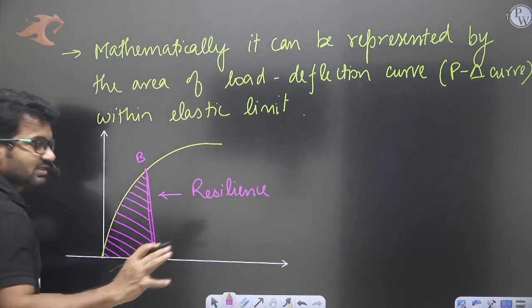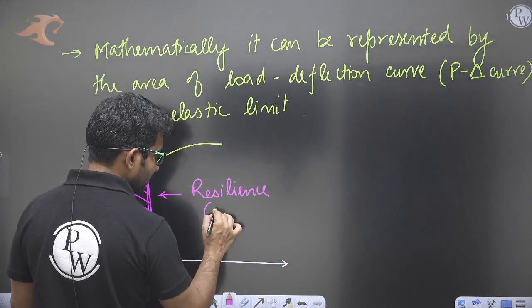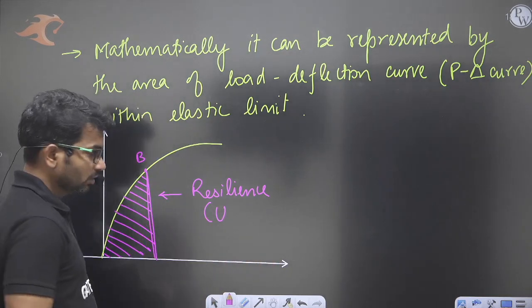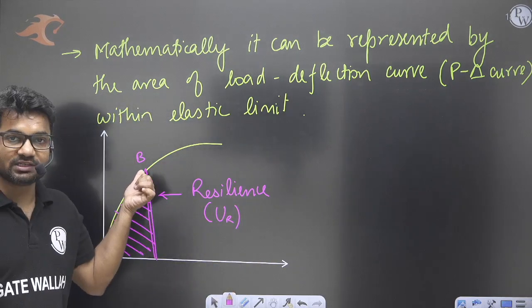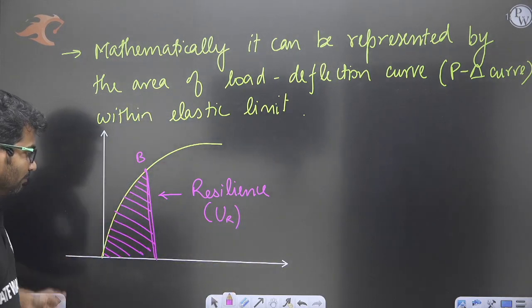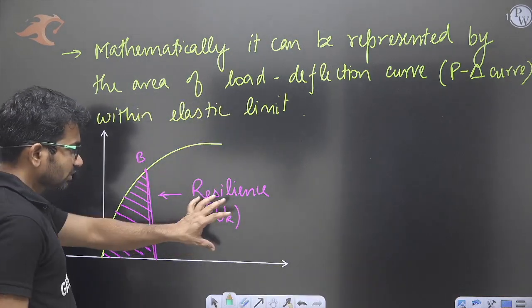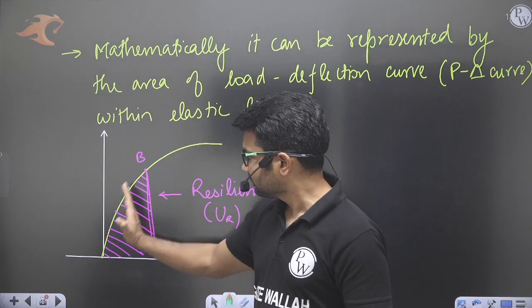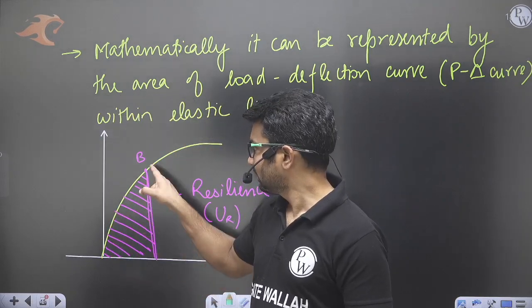And resilience is nothing but the total strain energy stored. So total strain energy stored is termed as capital U, and when it is representing the energy up to elastic limit, that is called resilience. This area gives the total strain energy stored in the material up to elastic limit.